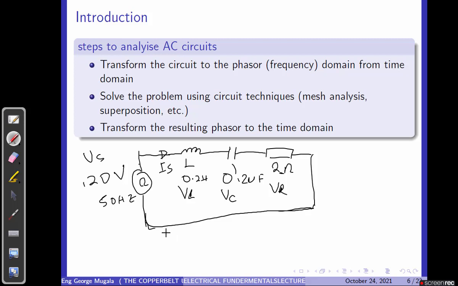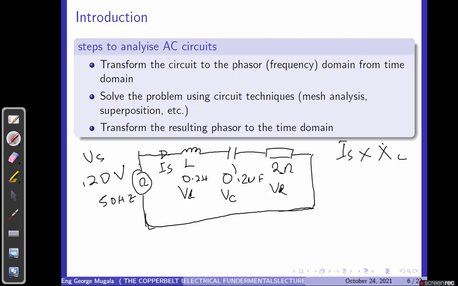Now, if we know the current that is flowing, which can simply be found by dividing the supply voltage by the total impedance of the circuit, then we know the current. And the voltage across the inductor is going to be nothing but IS times XL, meaning that this is the reactance.